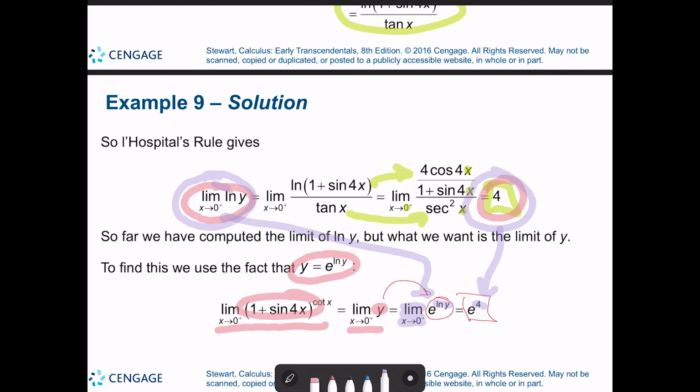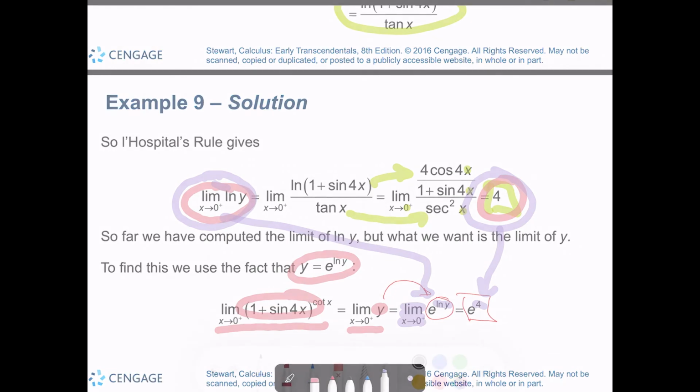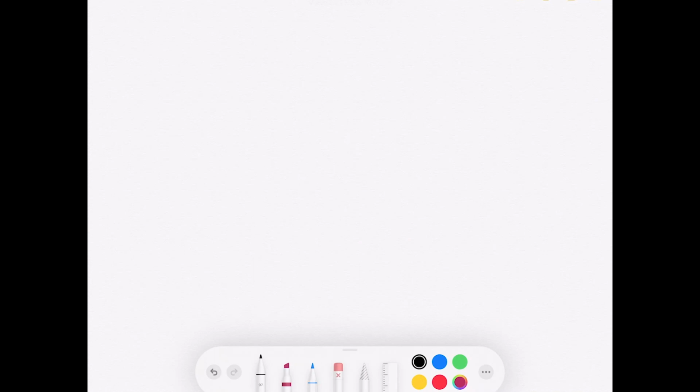Okay, let's toggle over to work on a couple more example problems. The first example problem I'd like to look at is this one. Here, the limit as x approaches 5 of the quotient x squared minus 25 over x squared minus 5x.